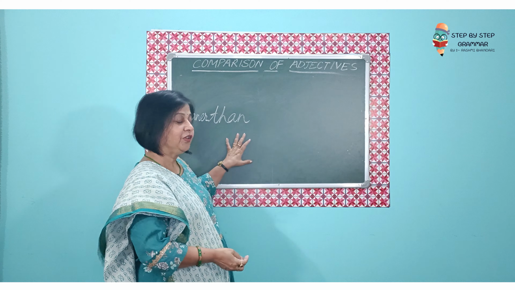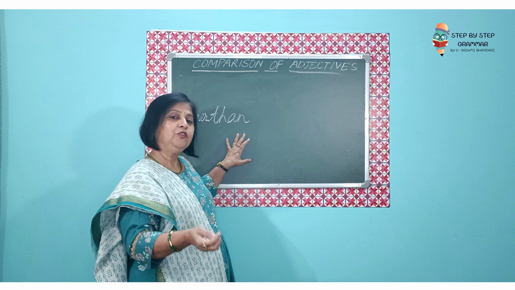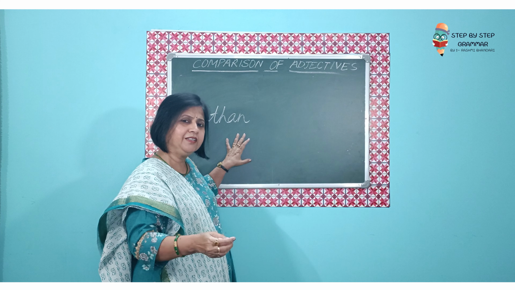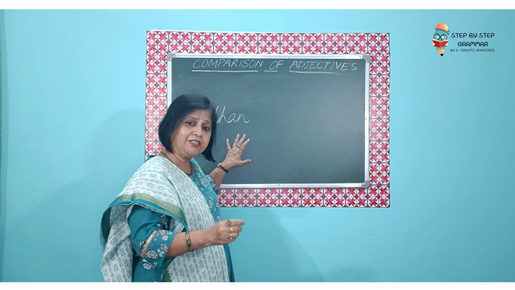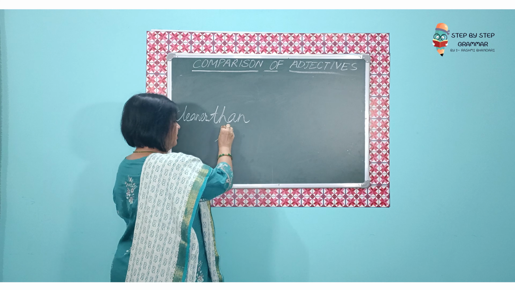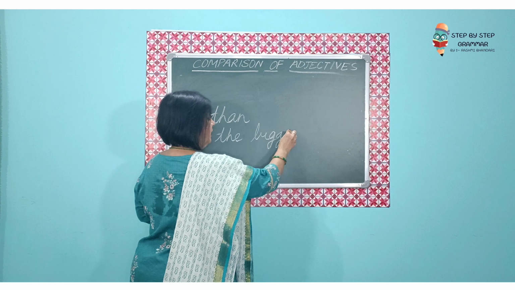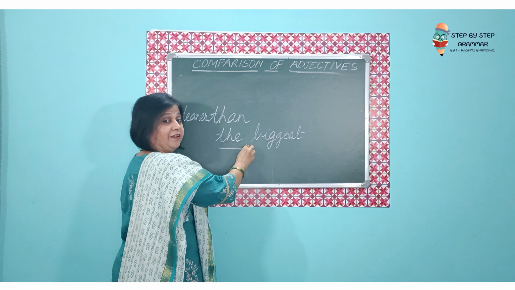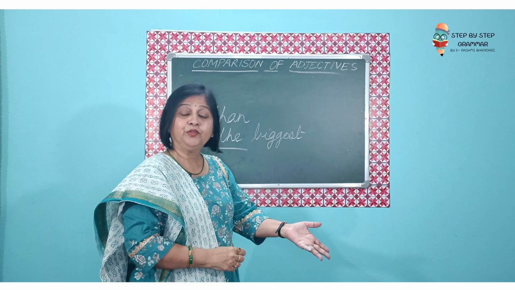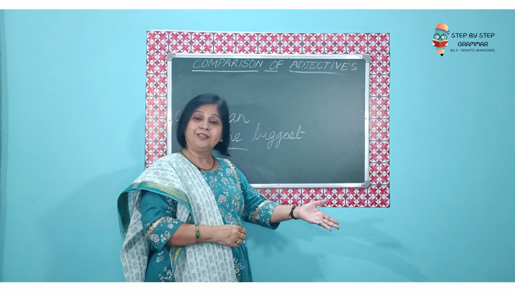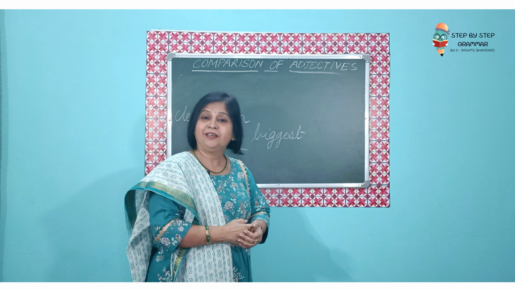Okay, this is for the comparative form. And to find the superlative, it's very easy. The superlative form of the adjective always has the before it. So we will say the biggest, the cleanest, the most beautiful, the prettiest, the most interesting.